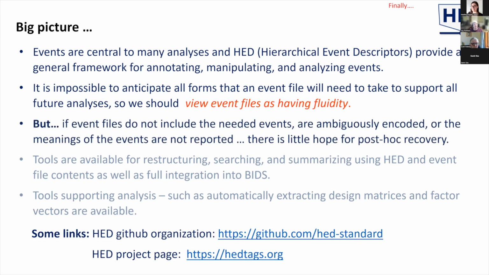So reporting the events unambiguously is really important, but the format can be transformed later if you have different needs. And there are tools for restructuring event files and for searching and summarizing using HED tags, as well as for producing design matrices and factor vectors for analysis.